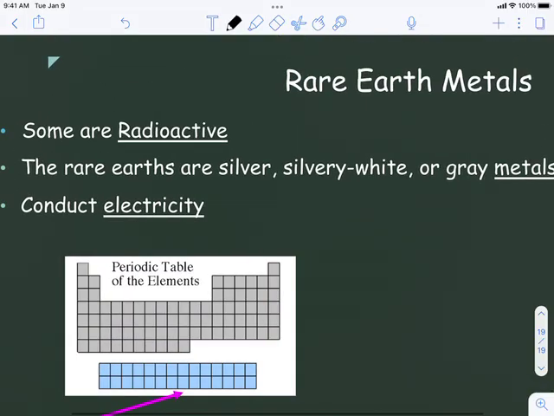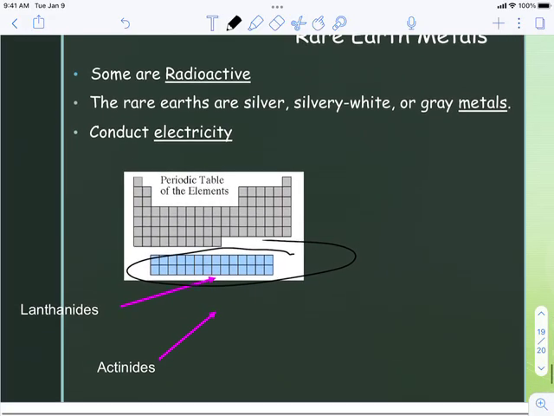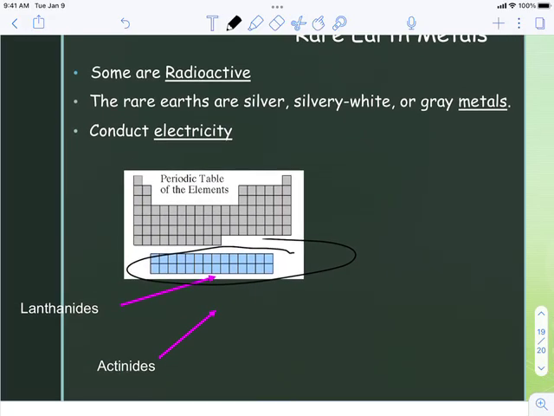And lastly here, the bottom two periods that kind of stand out are called the rare earth metals. Some are radioactive. They do conduct electricity because they are metals. They're called the lanthanides and the actinides. The arrows are a little messed up here. Lanthanides are the top period, actinides are the bottom.